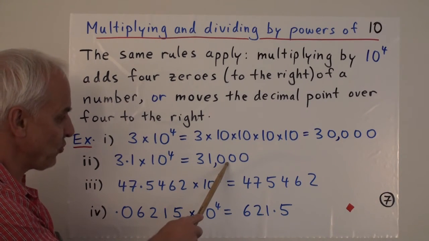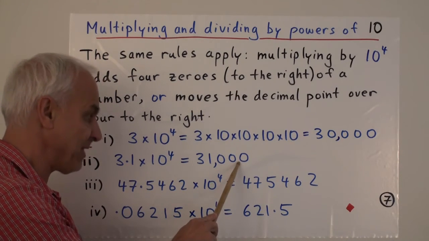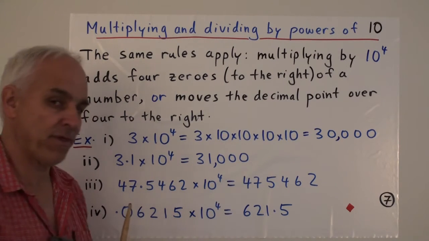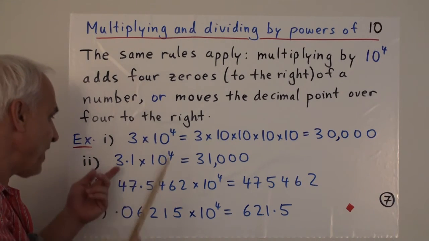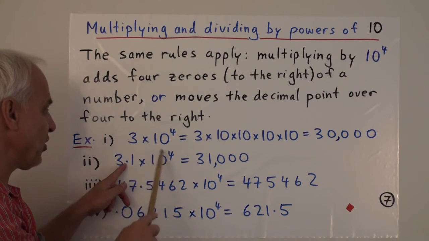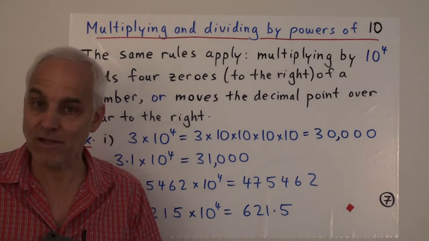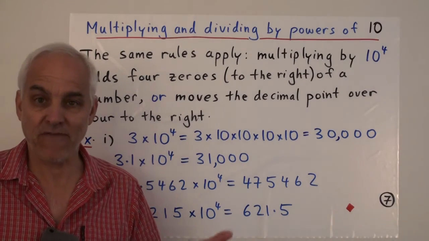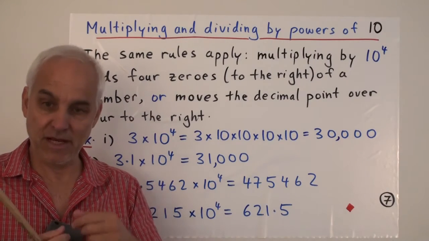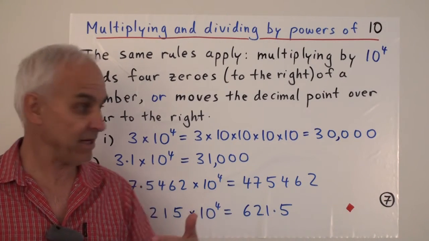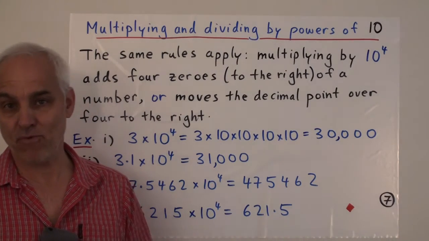Move it over twice to get 310. Move it over another place to get 3,100. And then fourth to get 31,000. So we have to think about, there's a succession of zeros after the 1, which are there if we want to use them, but generally they don't have any effect. But when we're multiplying by, say, something like 10 to the 4th, then it's very convenient to have them there because they end up playing a role in the product.